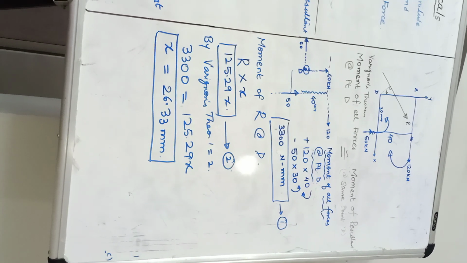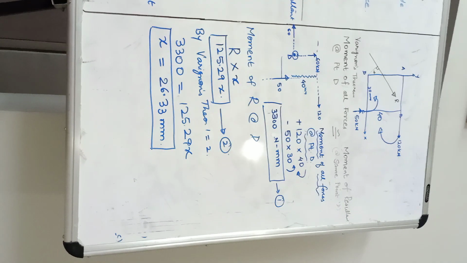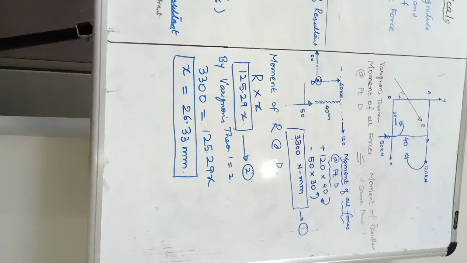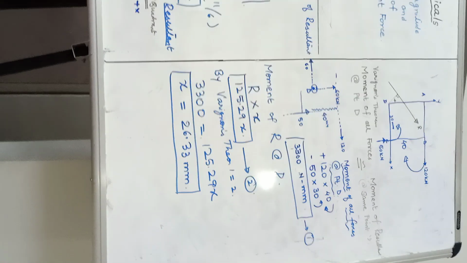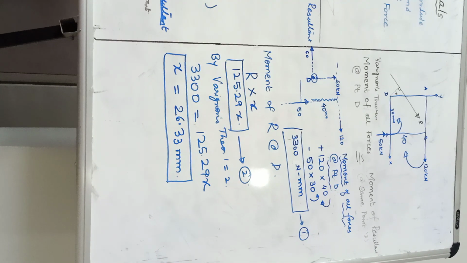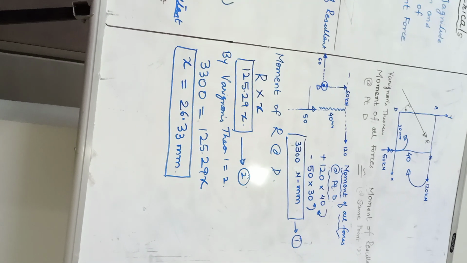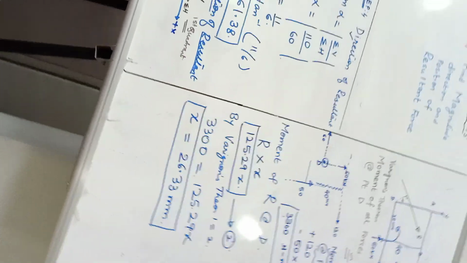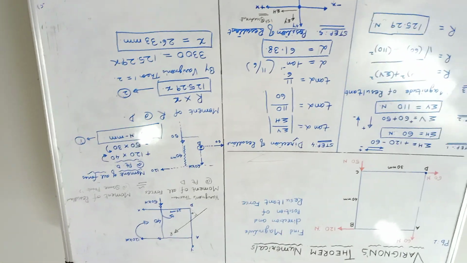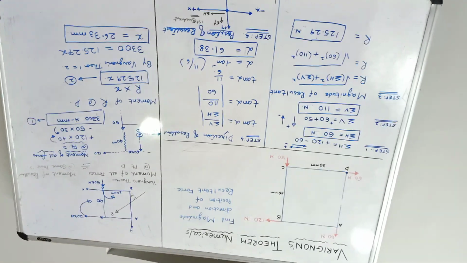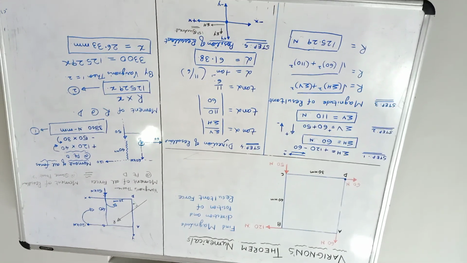So I have shown the resultant in the first quadrant, assuming it is lying at a distance of x with respect to point D, and by Varignon's theorem we get the value of x as 26.33 mm. I hope that for any problem, if you follow these steps, you can find the position of the resultant. Thank you.